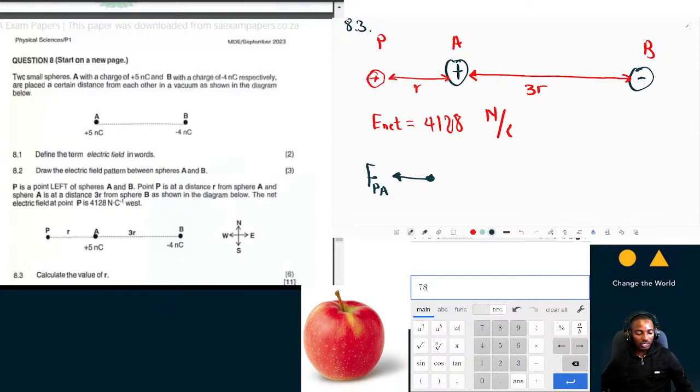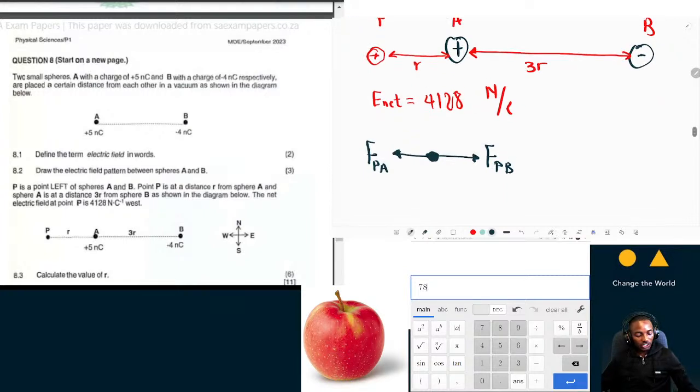Now let's check the interaction between the test charge at P and sphere B. Sphere B is going to attract that test charge because the nature of the charge is not the same. So we're going to have this force, the force PB. A repels the test charge, B attracts the test charge. So this is our force diagram. Those are the forces acting on the test charge.